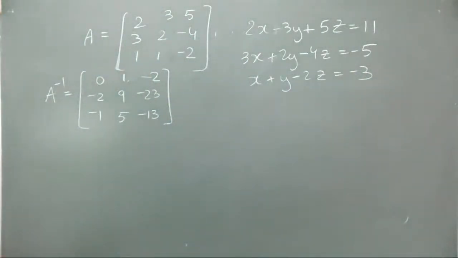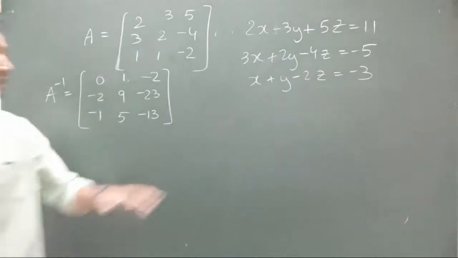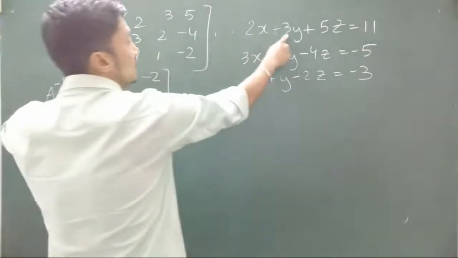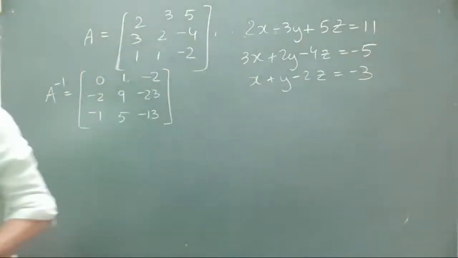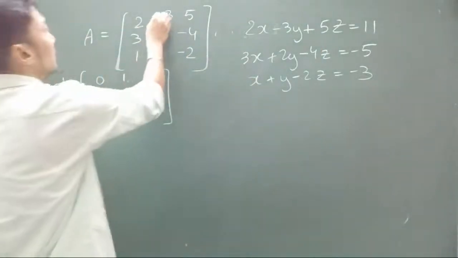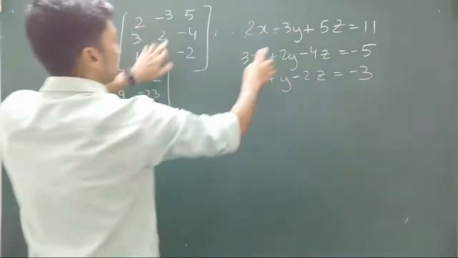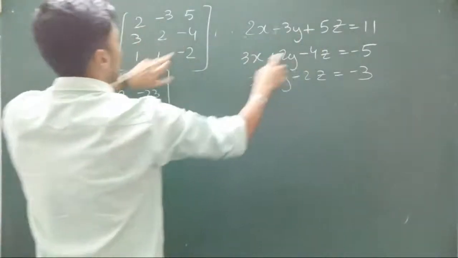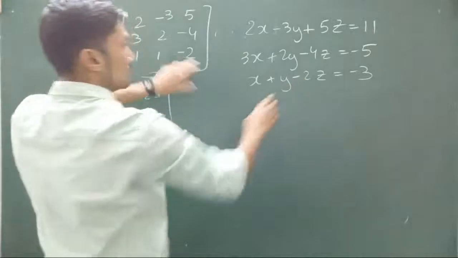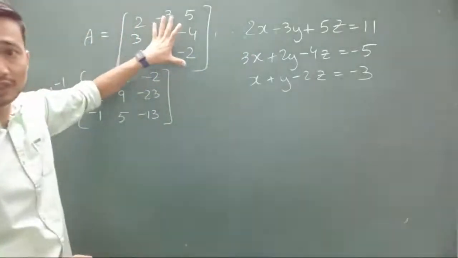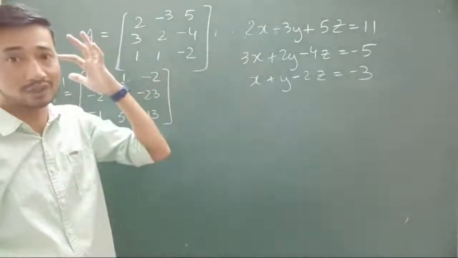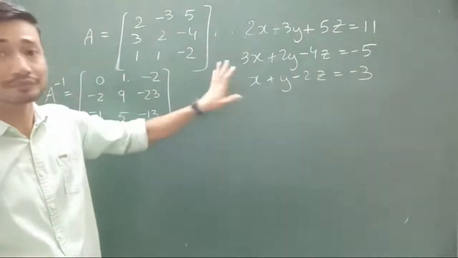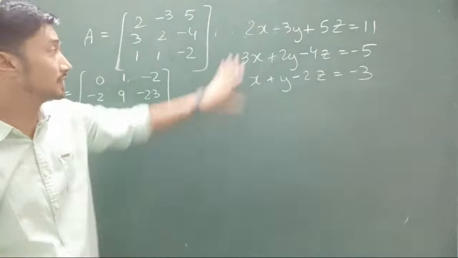Now, if you look at the determinant, 2 minus 3, 5, 3, 2 minus 4, 1, 1 minus 2, that means it's the same matrix, isn't it? If the matrix was slightly different, then we may have to start everything all over again, but that's not the case. It's the same matrix.